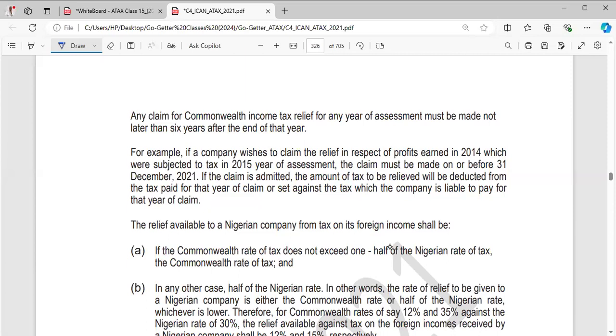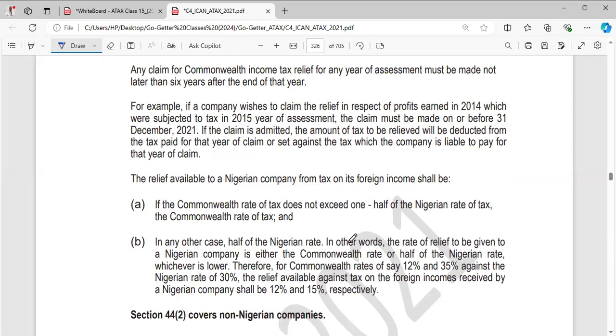The relief available to a Nigerian company from tax on its foreign income shall be, now this is where it gets interesting. This is the principle. If a Nigerian company has already paid tax or is due to pay tax in a foreign country, and it also wants to pay tax in Nigeria, this is what Nigeria is going to do.